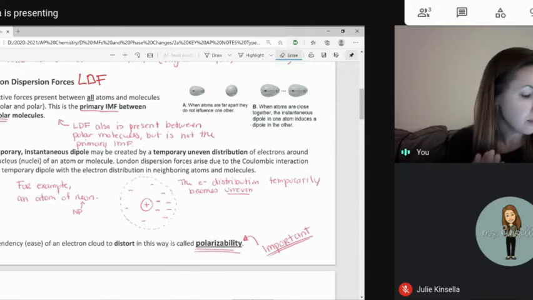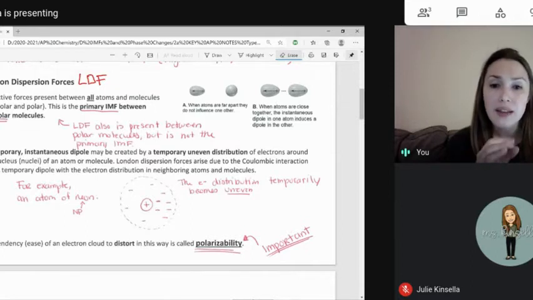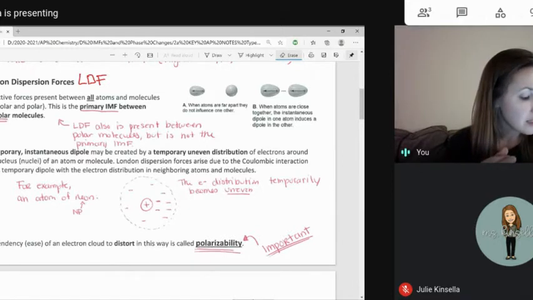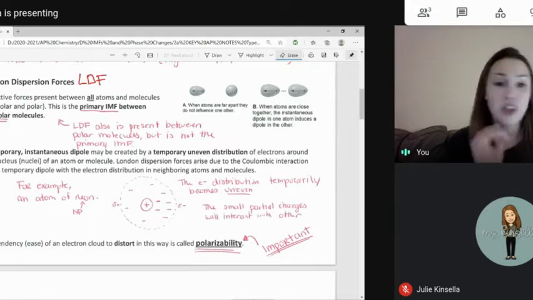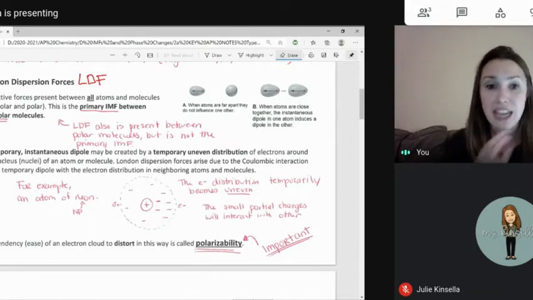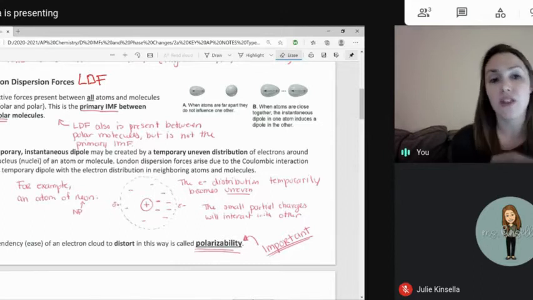You can see in my depiction they're clustered over to the right-hand side versus the left-hand side. When that happens and it's temporary, we get very tiny partial negatives and partial positives that form. Those small partial charges then interact with another atom of neon.